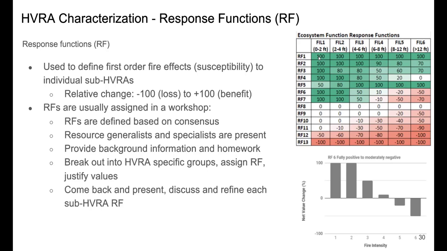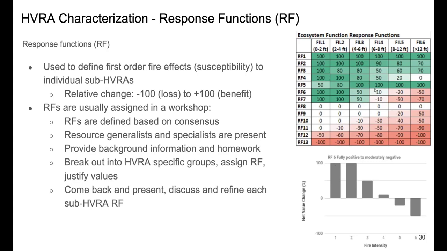What we've built in the IFTDSS application is the national values, if you choose to use them, come pre-populated with the response functions that were used in the national assessment, but it's all editable. So those can be a starting point, but they can be modified to the local area. And again, like I said, they're based on consensus in group workshop settings usually.